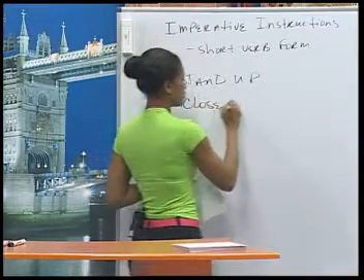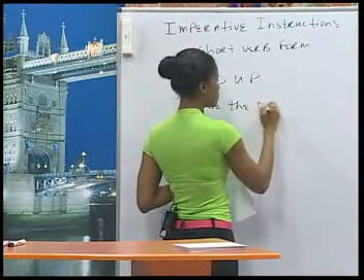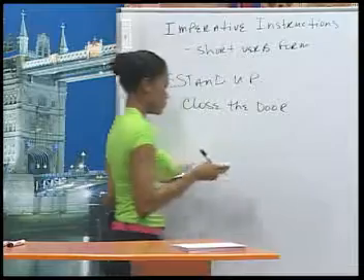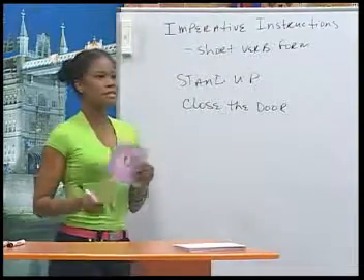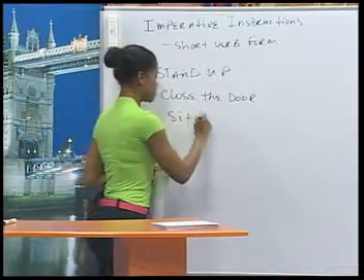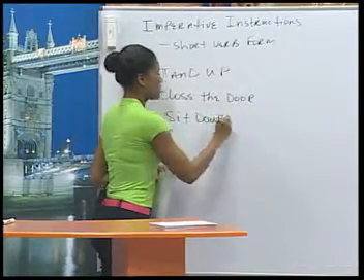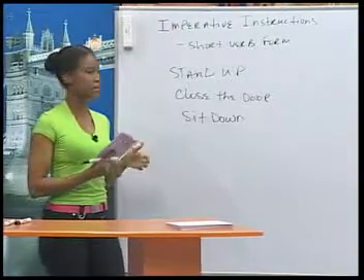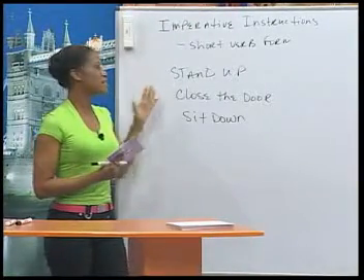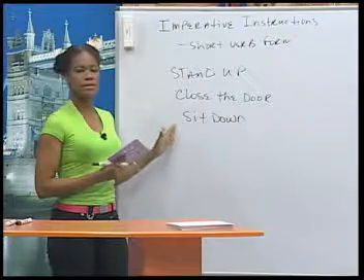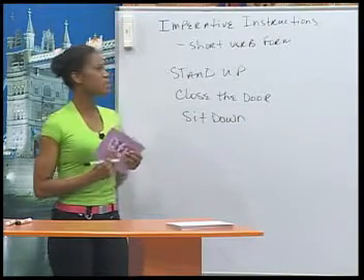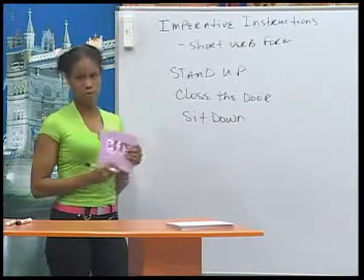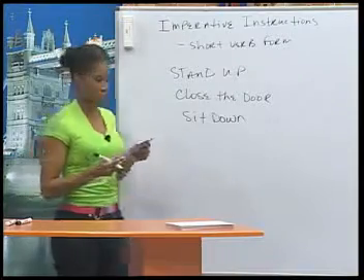Good. All right, and Sylvia? Sit down. Good. Okay, so for these commands or imperative instructions, we can say stand up, close the door, sit down, and remember the subject is you, so one or more people.